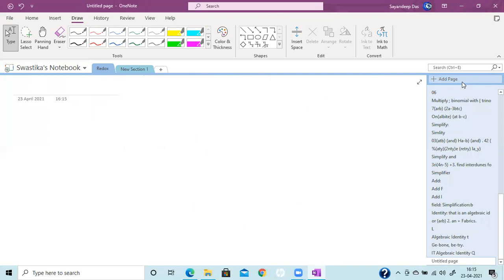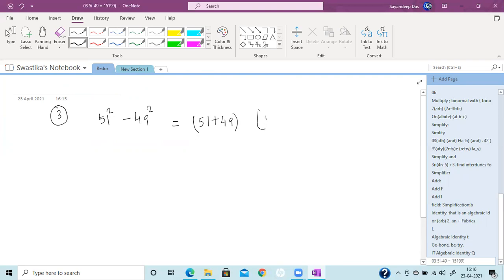So by applying this identity, we will now see what the application of this identity is. Suppose you are given: find the value of 51² − 49². As soon as you see this, you apply the third identity, that is (51 + 49) into (51 − 49).